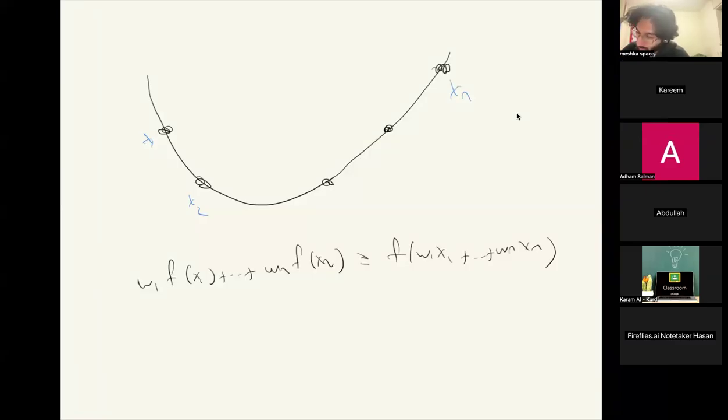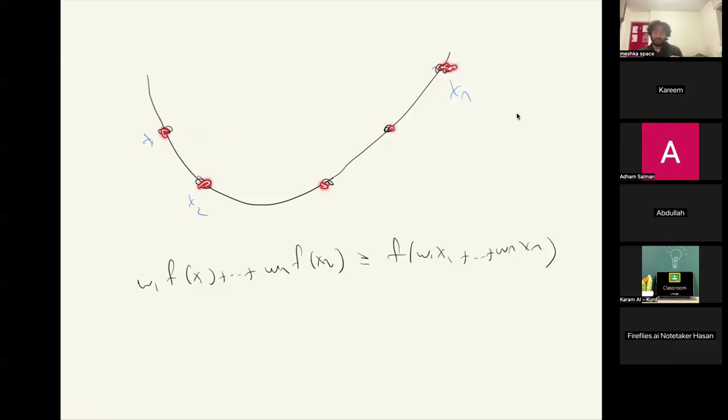So you look at this shape, and maybe I didn't even draw the shape. Instead of taking the segment between 2 points, you're taking the weighted combination of the points on the graph. Remember, we talked about this last time.